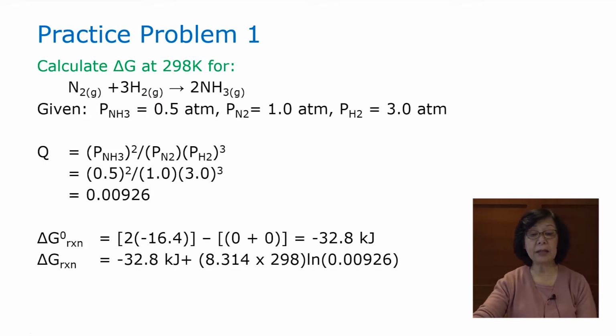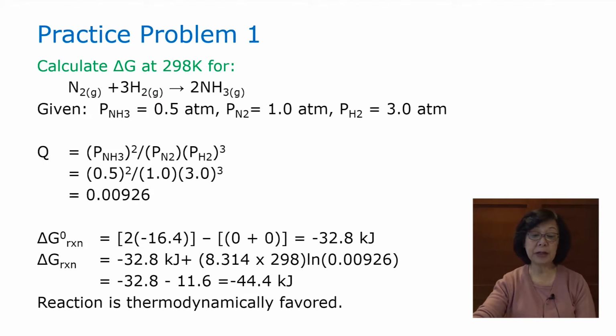Now we can calculate the ΔG at non-standard condition by putting in the ΔG0 at standard condition plus R times T natural log of Q. And this ended up to be negative 44.4 kilojoule. Now because it's a negative sign, the reaction is thermodynamically favorable. You may want to pause the slide for a minute so that you can really understand my calculations.